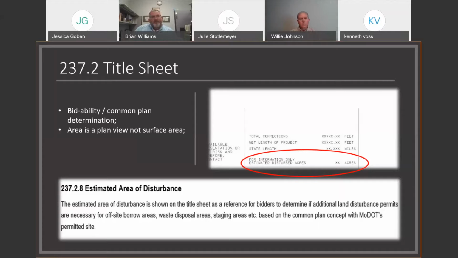So having that information out in front of the contractor prior to bidding can allow them to put the cost of the permits in the bid.